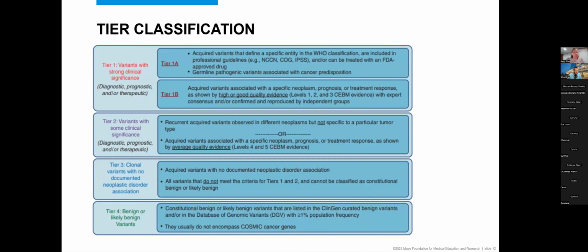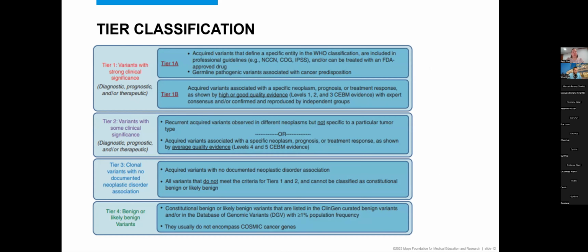So as I said before, here's the tier classification. It's very similar to AMP ASCO-CAP. However, there are considerations that need to be taken into account for CNVs and copy neutral LOH.